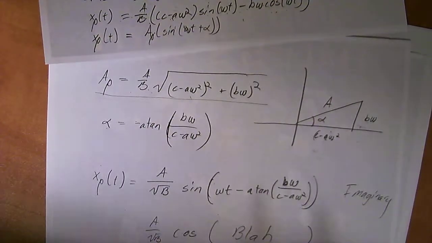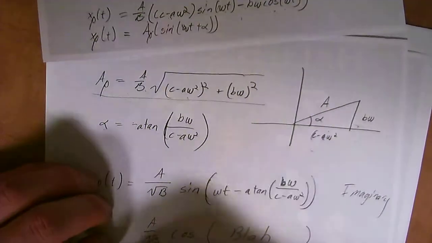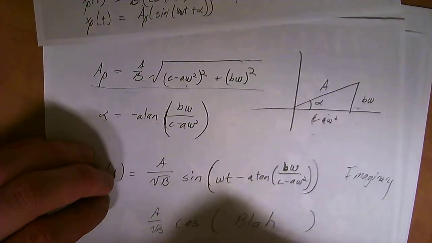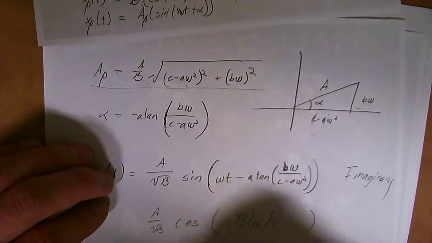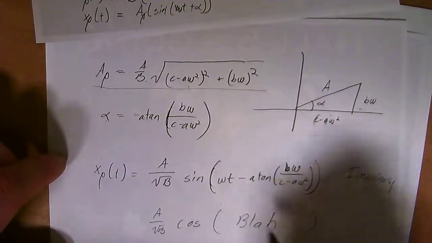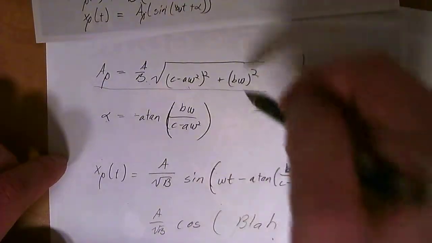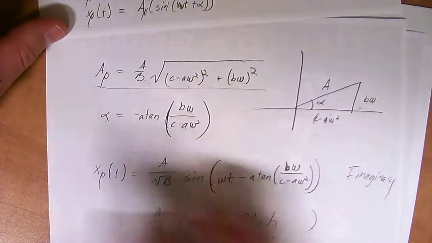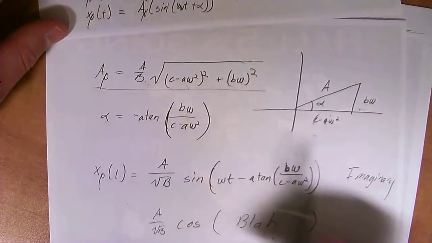Okay, so hopefully that's what your equation is, and to get the final solution, you take the x homogeneous of t plus xp of t. So you get xp right here. This is based on imaginary or real. Now that we've derived all this, you can basically just skip to this step, pulling out whichever equation you want based on what the solution given at the beginning of the problem is.